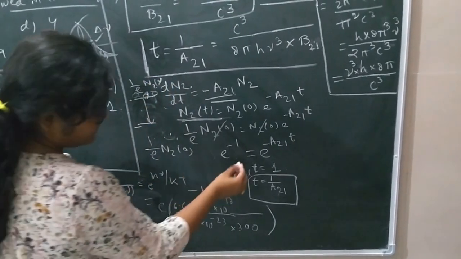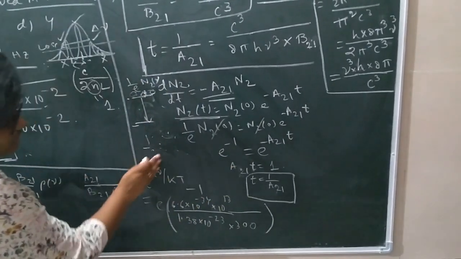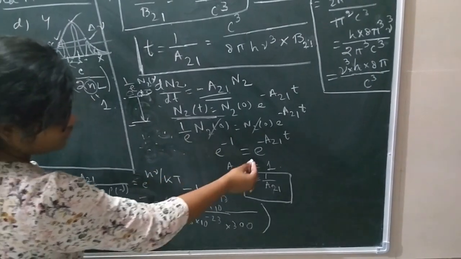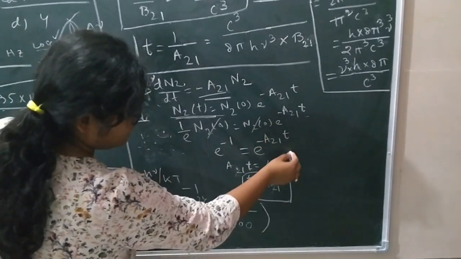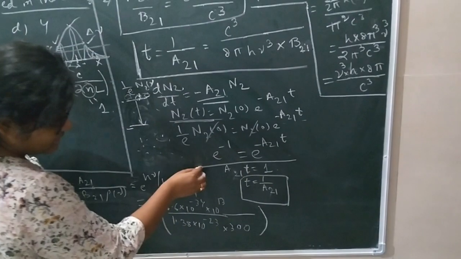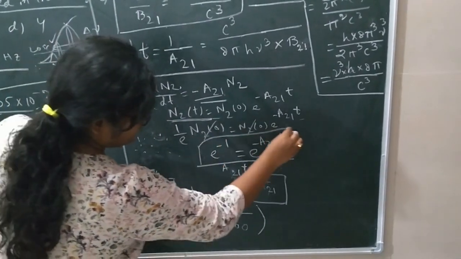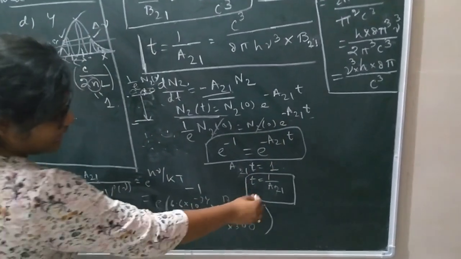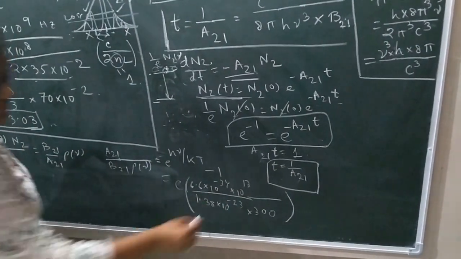So this will be e inverse. After solving this, we can easily write that e inverse equals e to the power minus A21 times t. So you get a direct relationship between the A coefficient and the lifetime, that is, T equals 1 by A21.